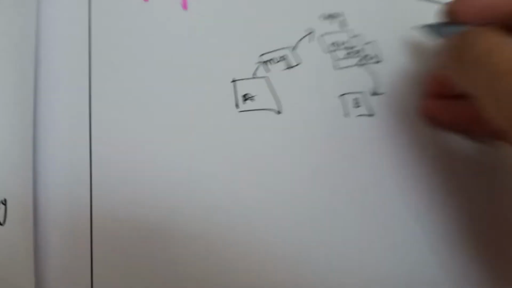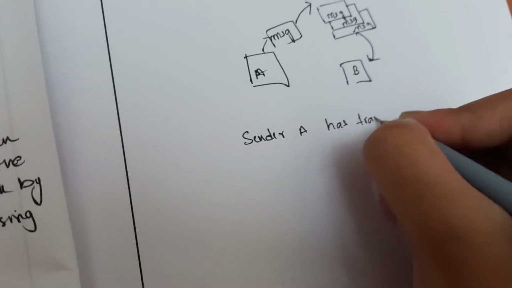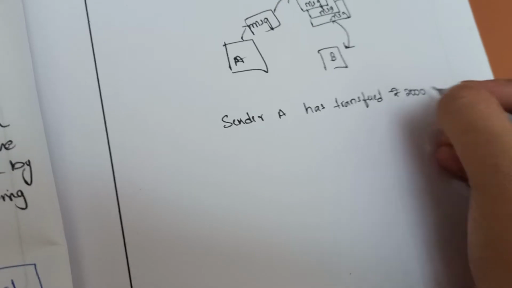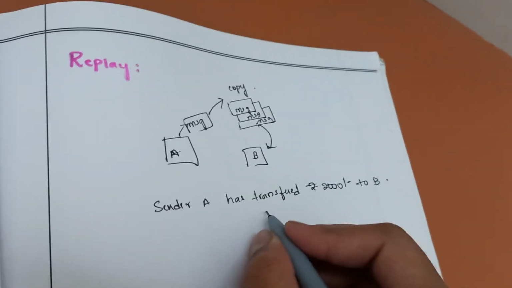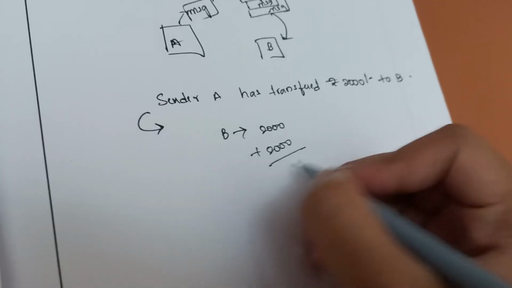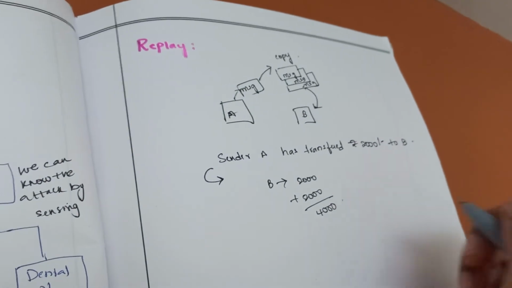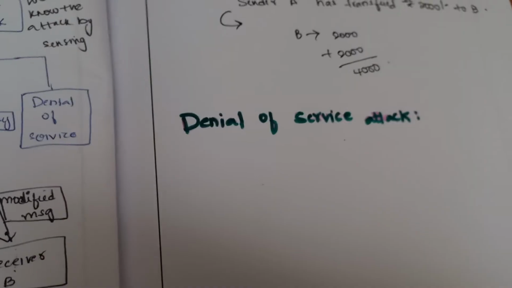For example, let's say sender A has transferred rupees 2000 to B. The same message is replayed again. If this occurs again, the receiver B will think that he has received 2000 plus 2000, 4000 from A to B. In this way, the replay attack is done under the active attacks of the security attack.